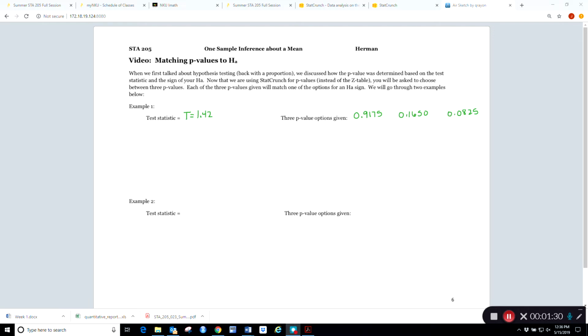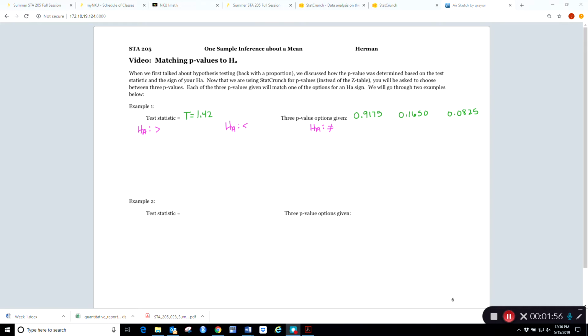Now the p-values that you're given, you're going to be asked to match to the 3 options of an alternative hypothesis. We could have an alternative hypothesis that has a greater than sign in it. We could have an alternative hypothesis that has a less than in it. Or we could have the alternative hypothesis that has that not equal to in it.